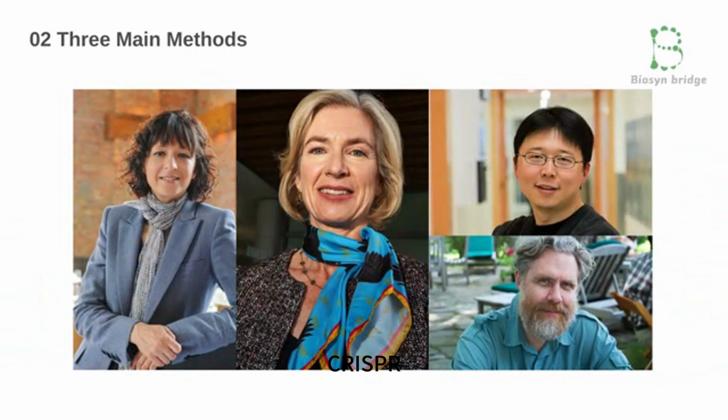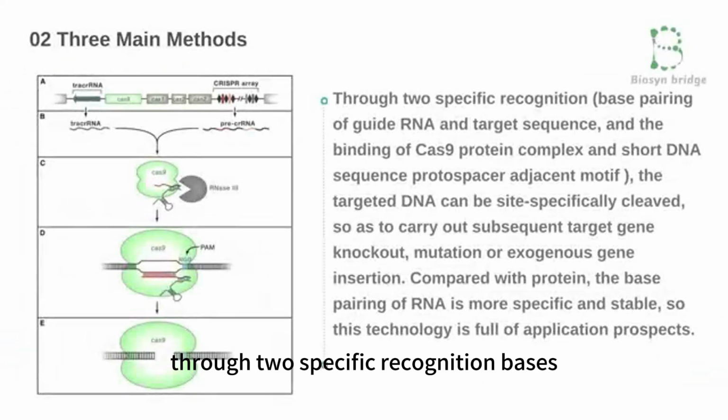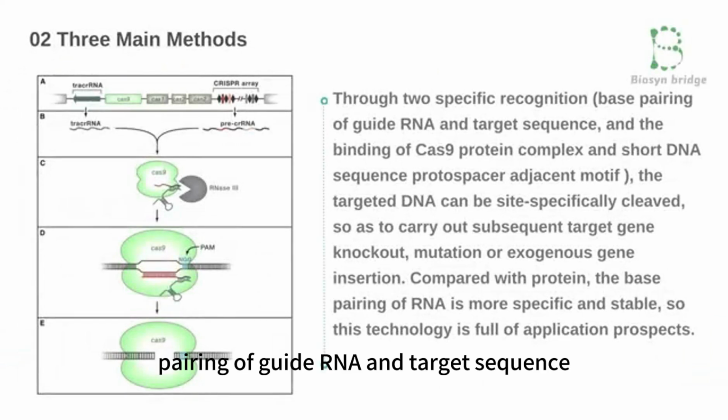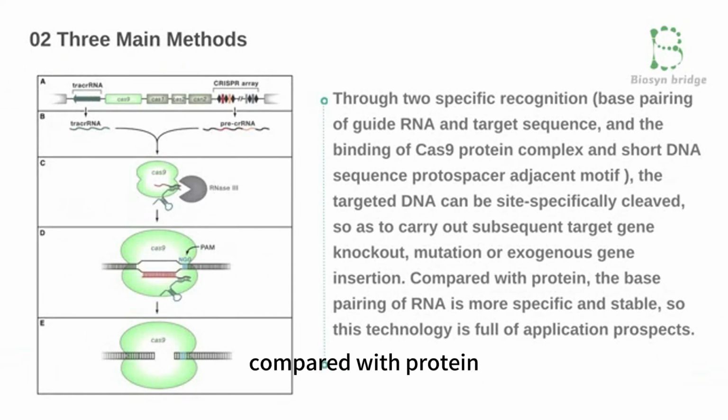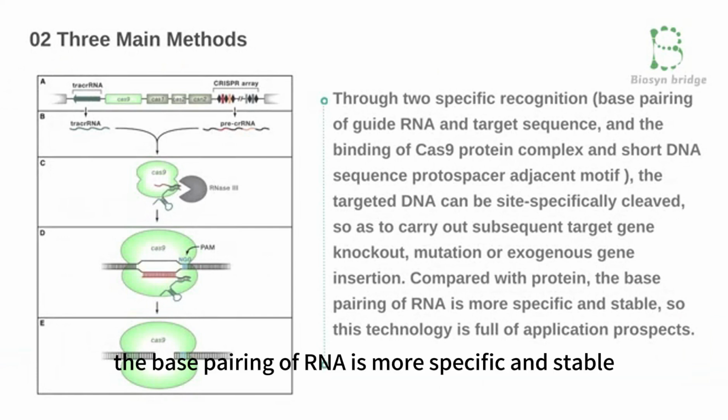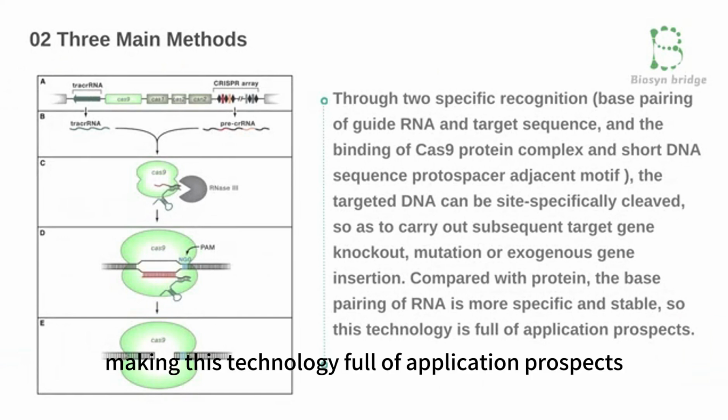Since then, CRISPR-Cas9 gene editing technology has been widely used through 2 specific recognition bases: pairing of guide RNA and target sequence, and binding of Cas9 protein complex to the DNA sequence's protospacer adjacent motif compared with protein. The base pairing of RNA is more specific and stable, making this technology full of application prospects.